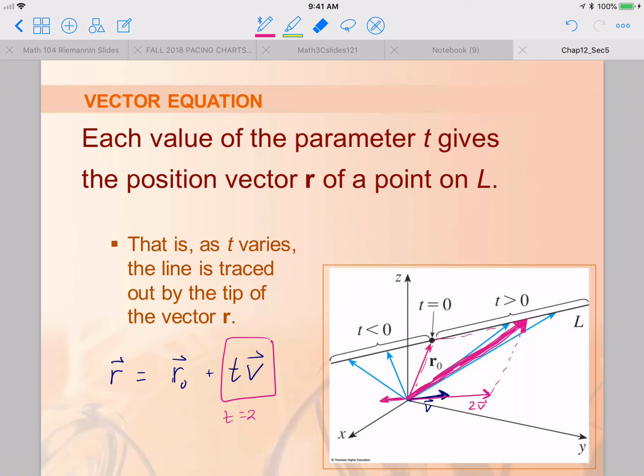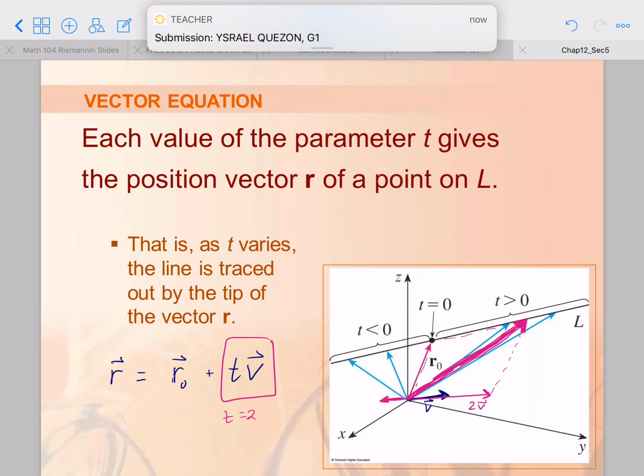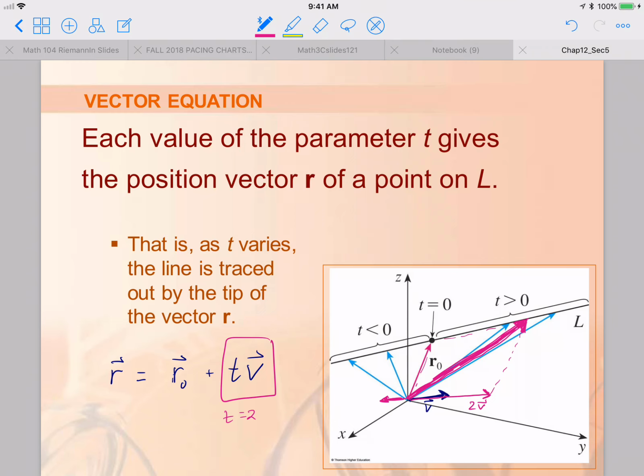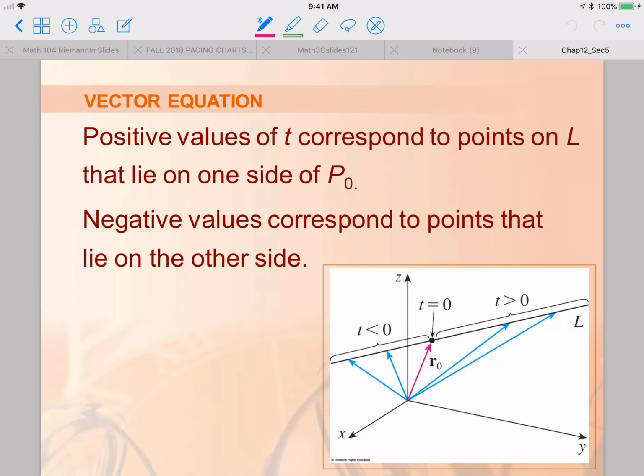When T is equal to 0, your initial vector is that R naught, and your vector changes with time, but you could have positive and negative time. Okay, very good.